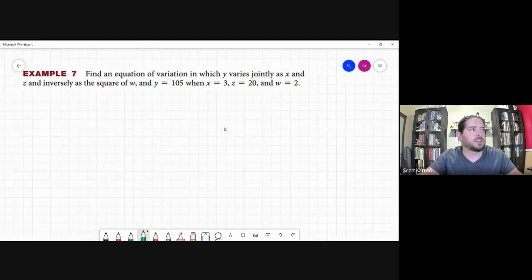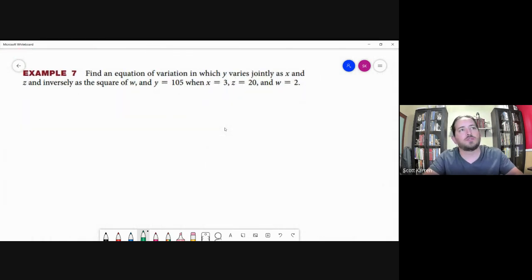Find an equation of variation in which y varies jointly as x and z and inversely as the square of w and y equals 105 when x equals 3, z equals 20, and w equals 2. So there's a lot going on here. So I'm going to just cut this sentence off right here at the end. We'll get to that in a minute.